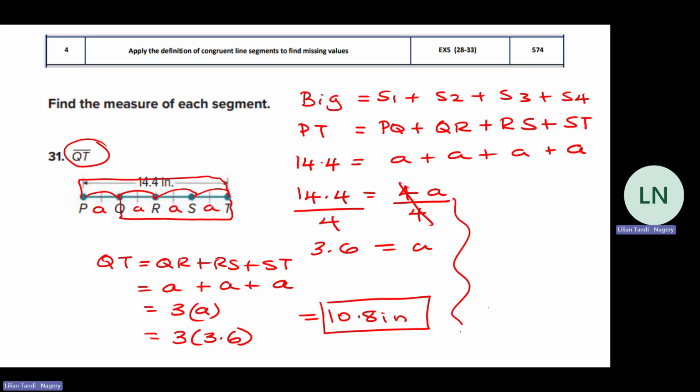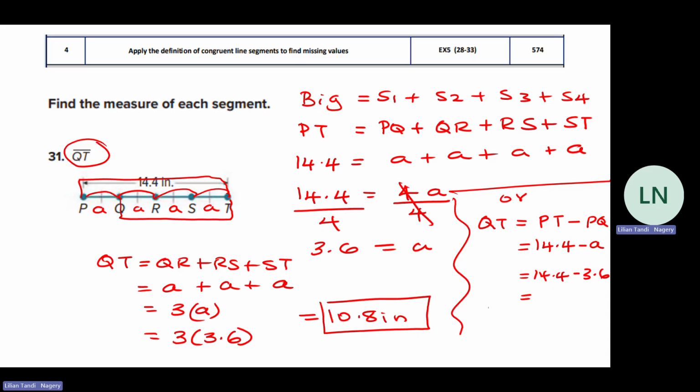I could do also QT equals PT minus PQ, which is 14 and 4/10 minus A, which is 14 and 4/10 minus 3 and 6/10.